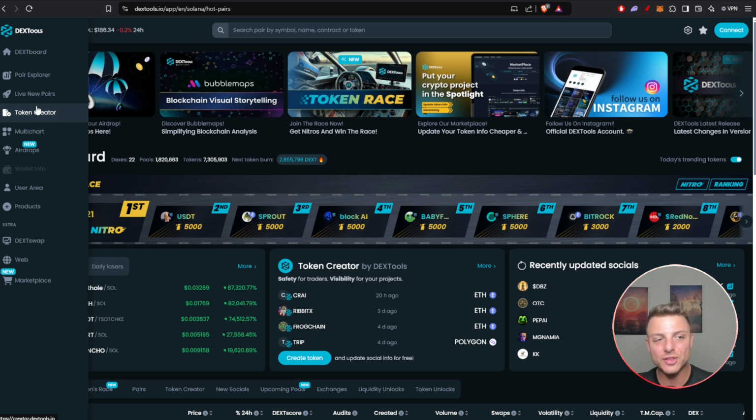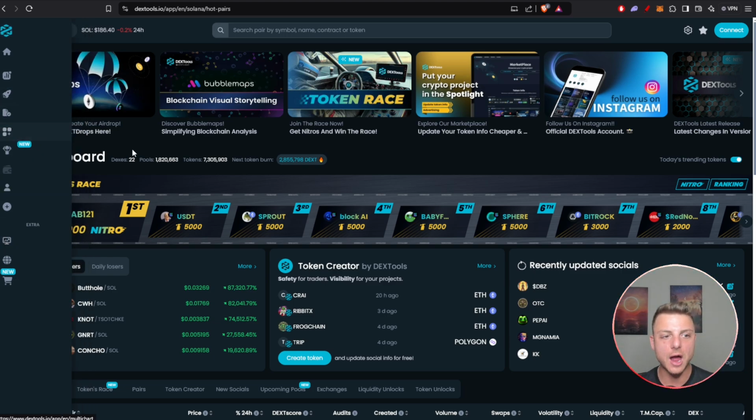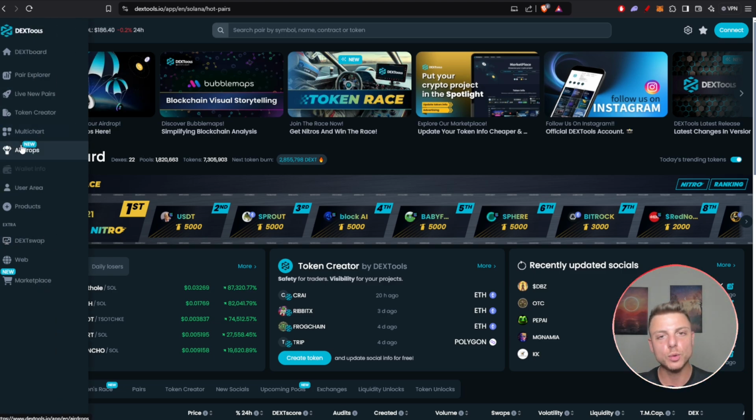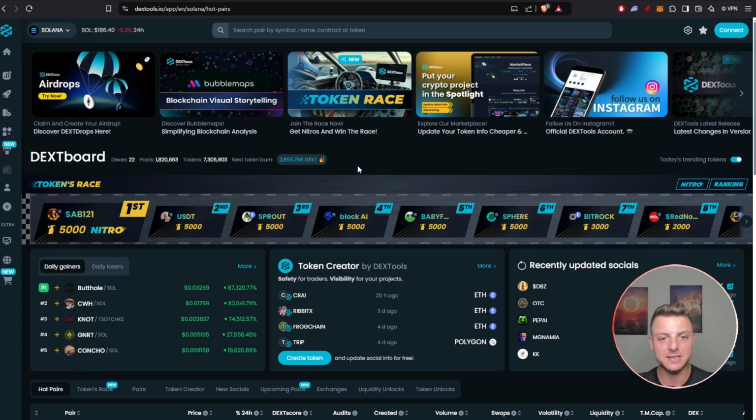So I always had the most up-to-date, most trending, high volume meme coins. But unfortunately, it looks like DexTools has got rid of this specific feature. I hope it comes back in the future, and I will make a future video on that. But for now, we don't have access to this feature.